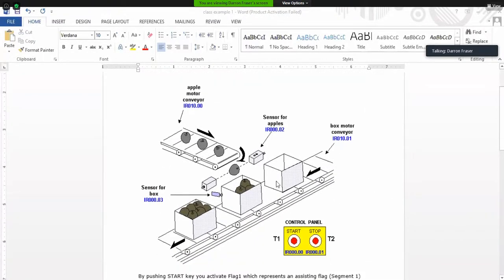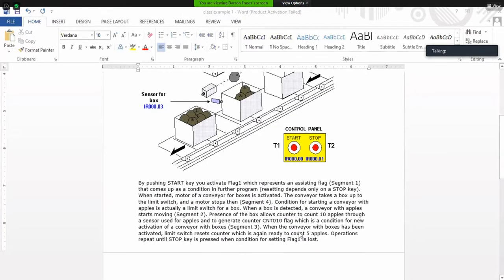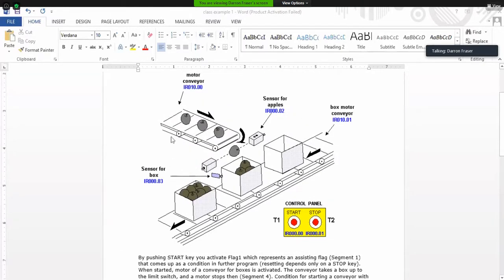When you press start, the conveyor belt motor starts to run. When the box sensor picks it up, it stops. The other motor starts, and when I put in the product, whatever it is, and it drops in, then we would start back over, move to the next box, and so forth.